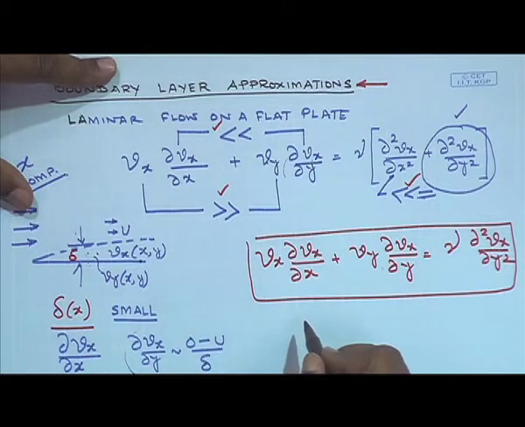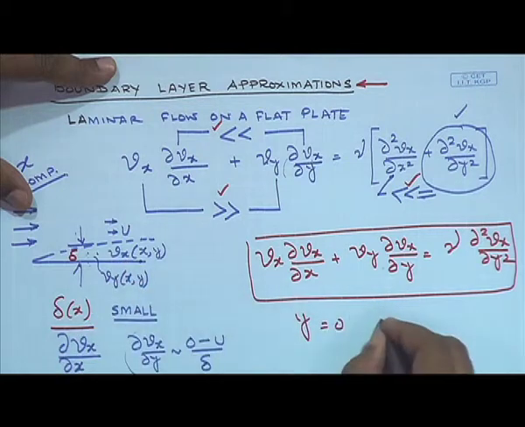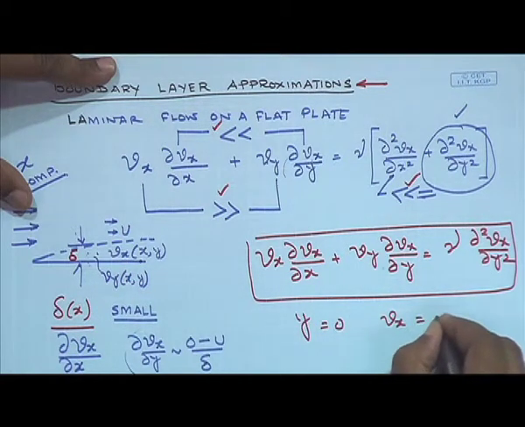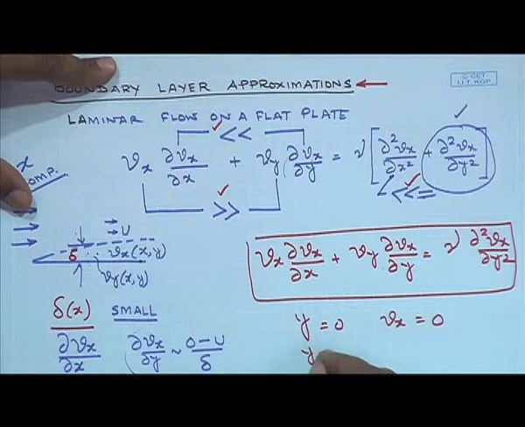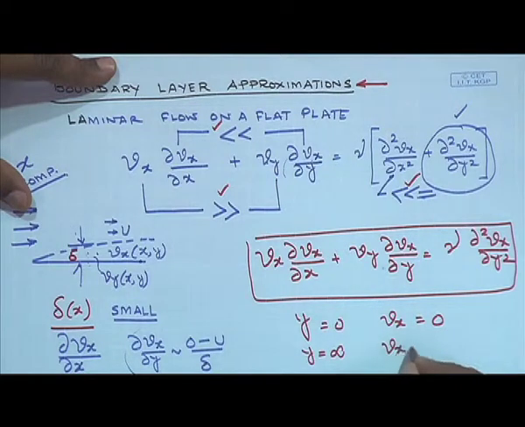And what we need is two conditions on y, and the two conditions on y are at y equal to 0, which is at this point, simply Vx due to the no slip condition would be 0, and at y equals infinity, that means at a distance far from the wall, the Vx would simply be equal to u, where u is the free stream velocity.